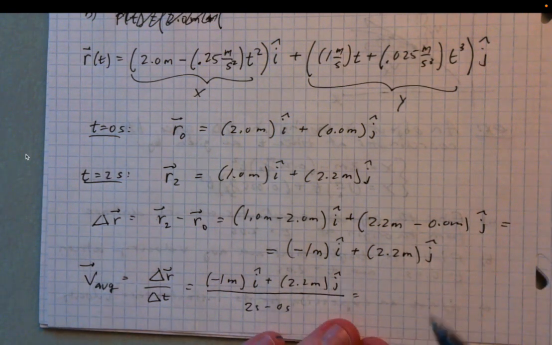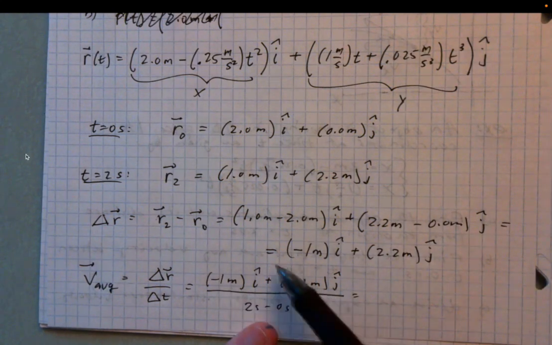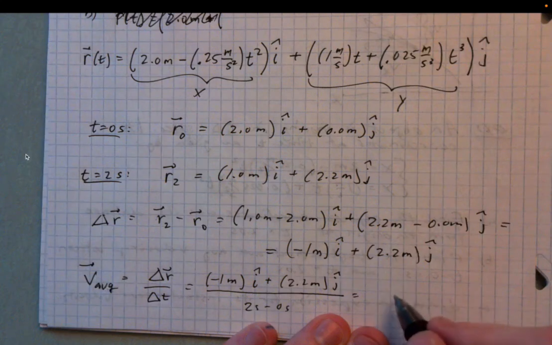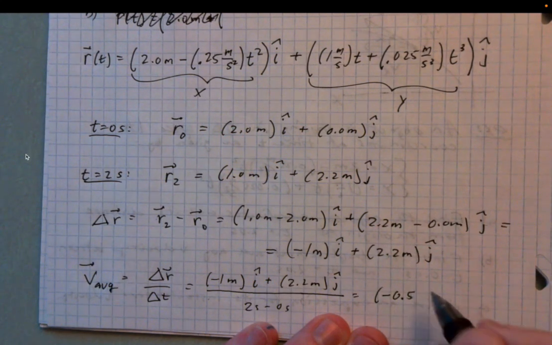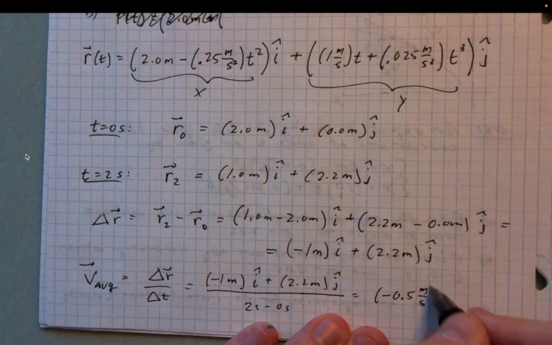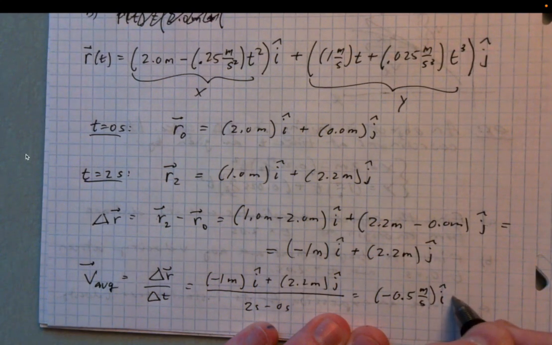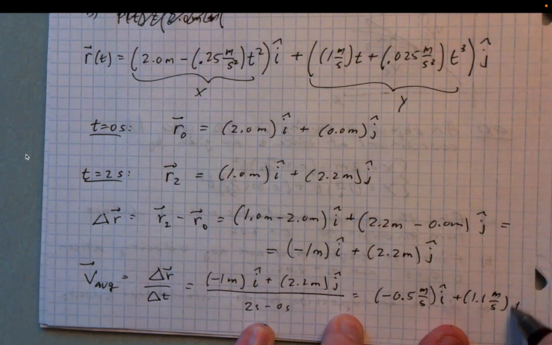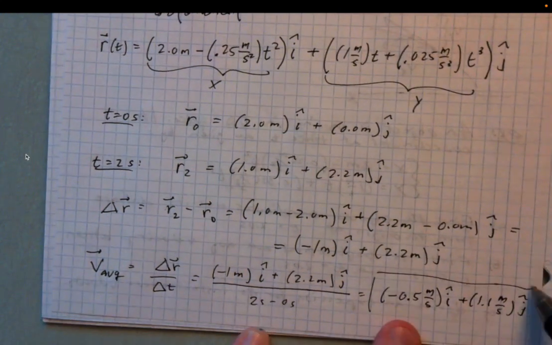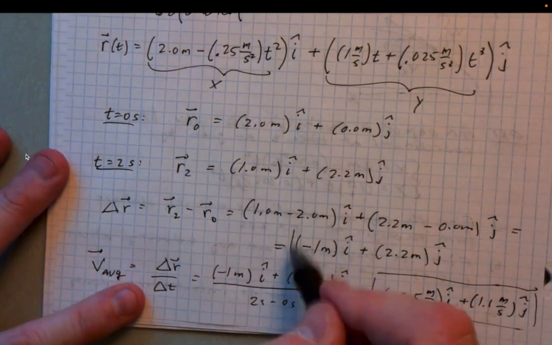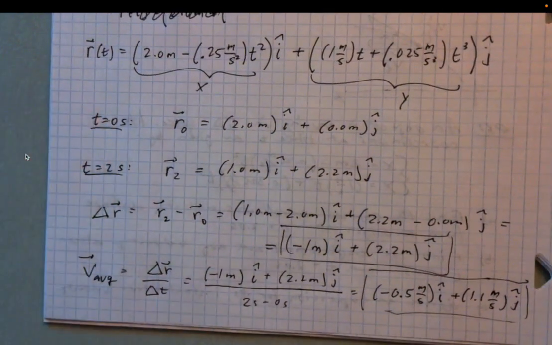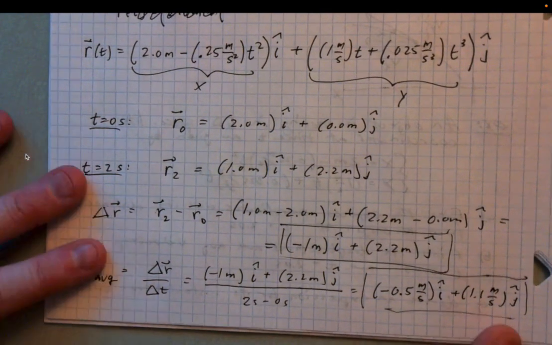And so it's going to be equal to basically 1/2 of the displacement, isn't it? So it'll be equal to negative 0.5 meters per second i hat plus 1.1 meters per second j hat. There we go. So I've got my displacement, and then I've got my average velocity. It's just half because it was a 2-second interval.